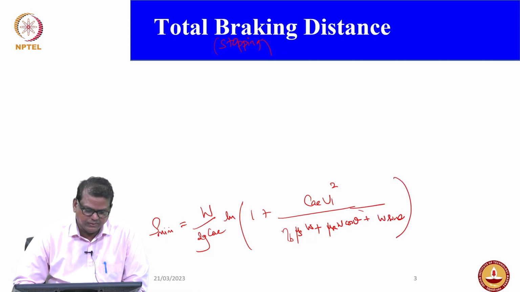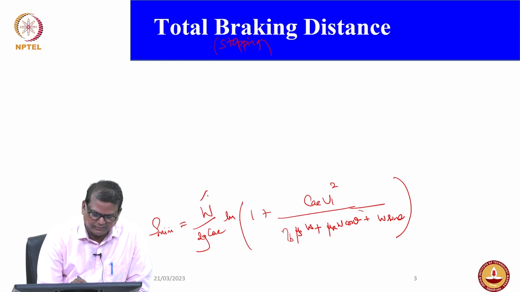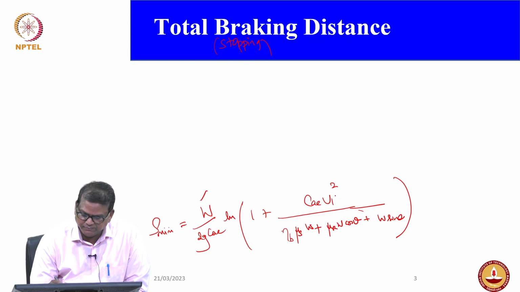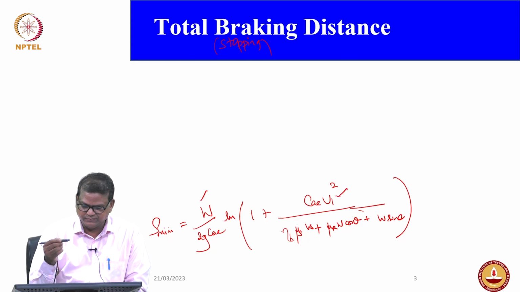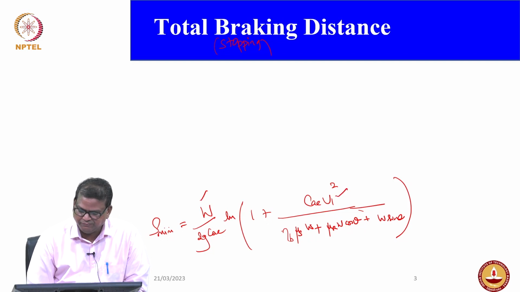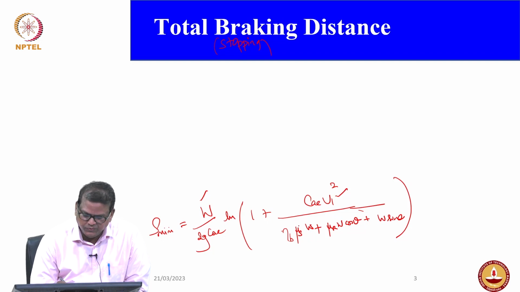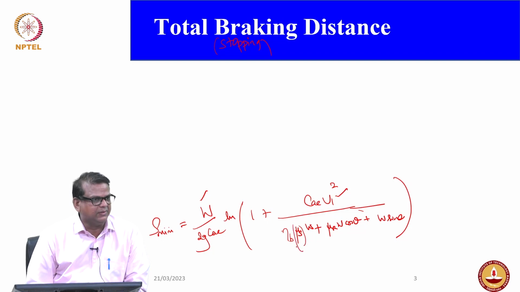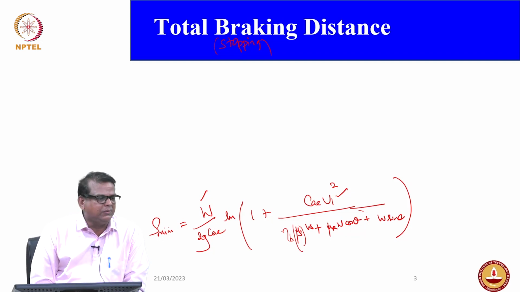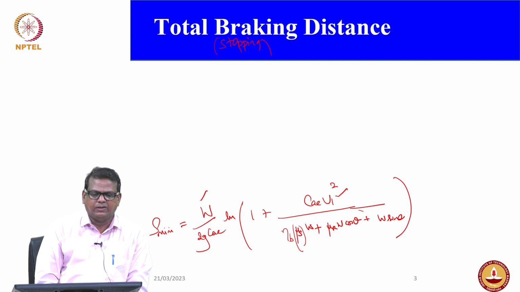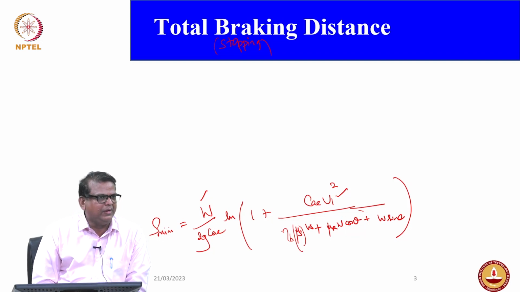This is the weight of the vehicle, and the velocity at which it is going to be driven, and the μs, the road adhesion factor. What do you understand from this equation? Do you think your stopping distance depends upon the vehicle or upon the brake system?